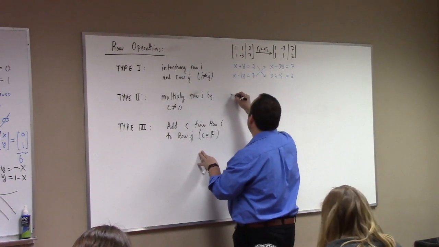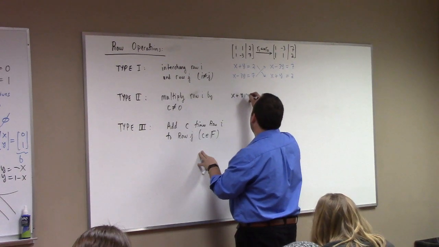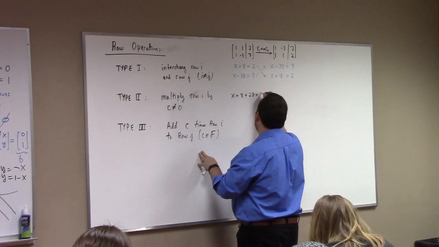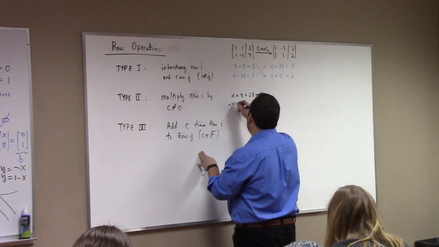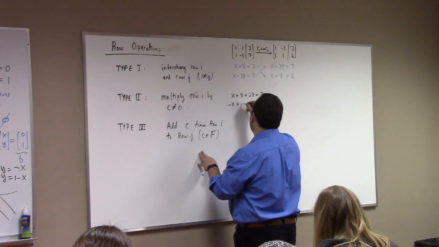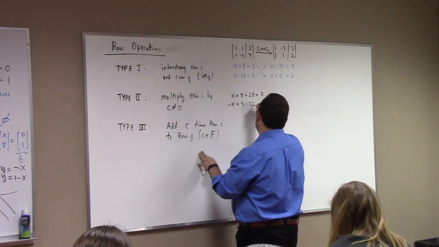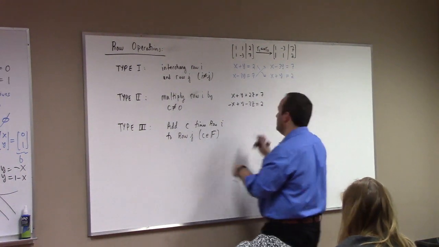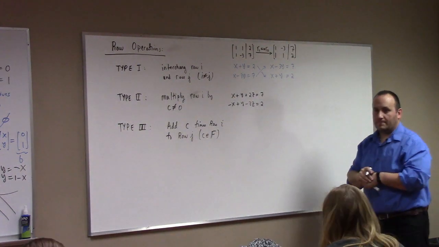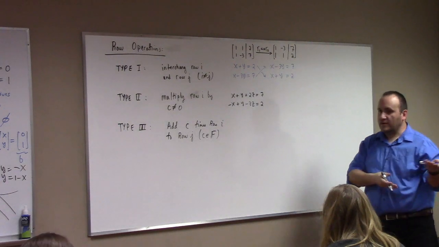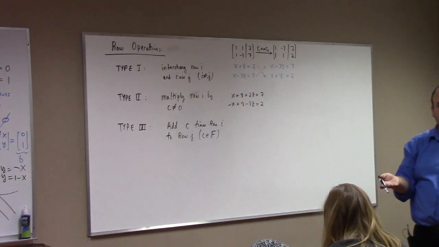Here's another one. If I had x plus y plus 2z equals 7, and minus x plus y minus 3z equals 2, all right? That's a system of 2 equations and 3 unknowns, right?